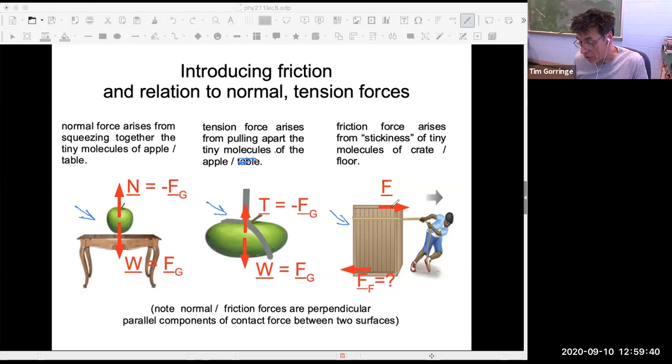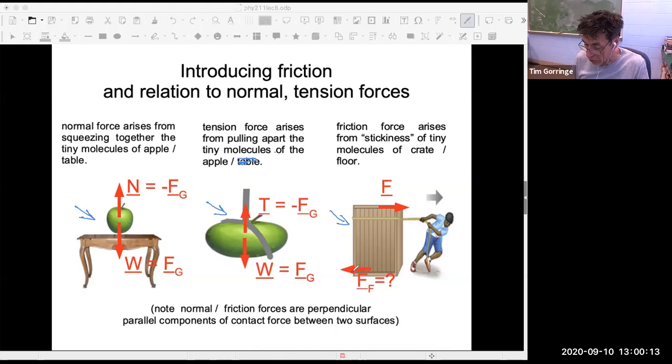The origin of the friction force is shown in this picture. So the friction I'm thinking about is, here's a crate, and the crate is being pulled to the right by a person's force, an external force, but the crate, to slide along the floor, would experience an oppositely directed, a sort of resistance, a frictional force.